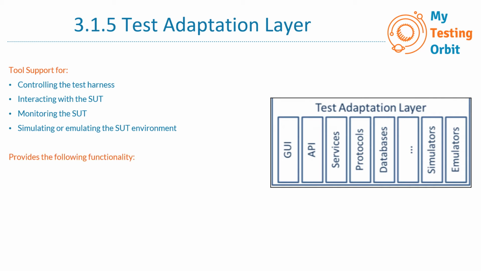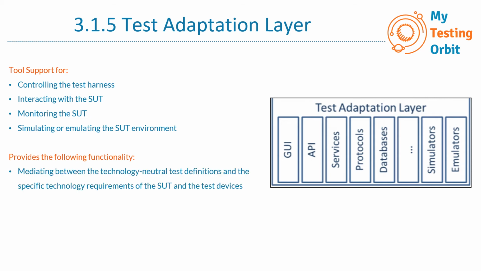Okay, the test adaptation layer also provides the following functionality. First one, mediating between the technology neutral test definitions and the specific technology requirements of the system under test and the test devices. Let's split this into two parts. First, what is technology neutral? It means there is freedom to use the most suitable technology as per the needs or usage without many dependencies.